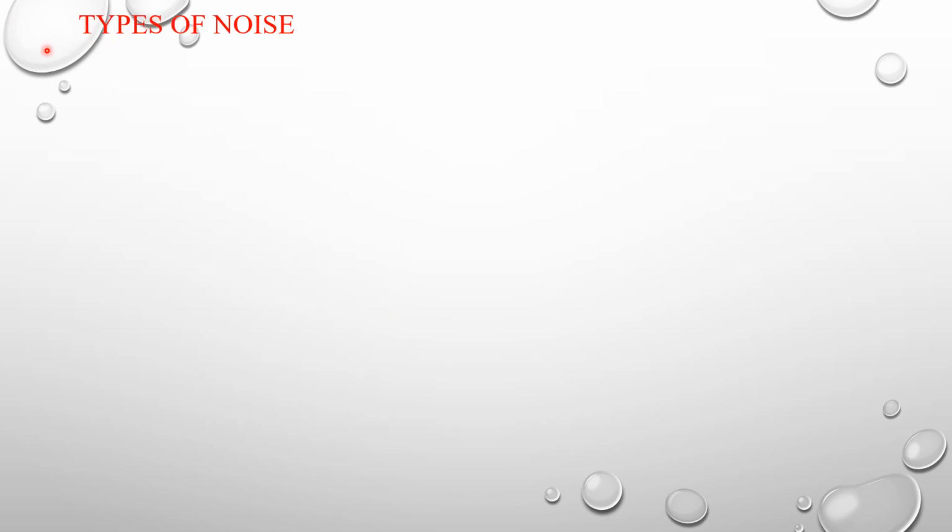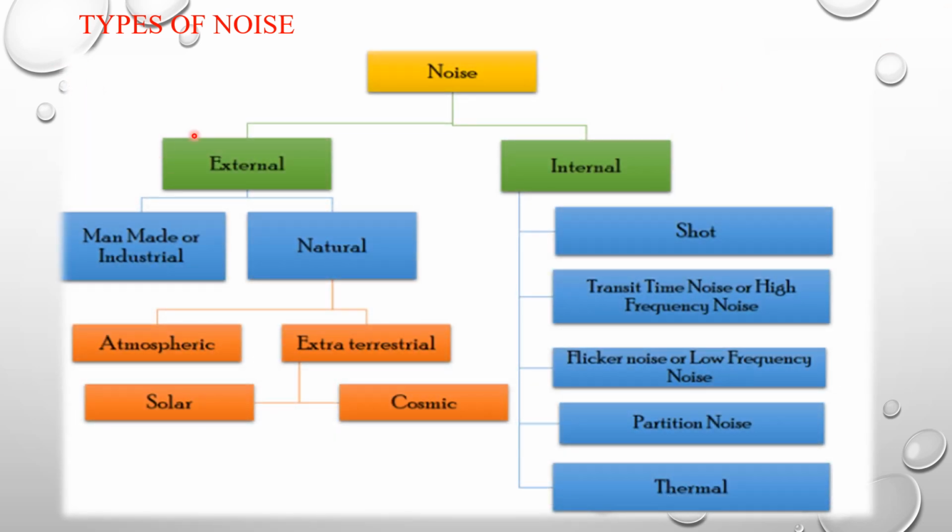Now we will look into some classification of noise. Noise is classified into two types. The first one is external noise and the second is internal noise. The external noise is further classified into two types: man-made noise or industrial noise, and natural noise. The natural noise is further classified into two types: atmospheric noise and extraterrestrial noise.